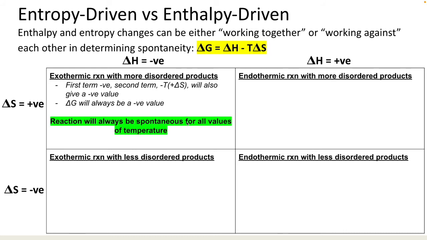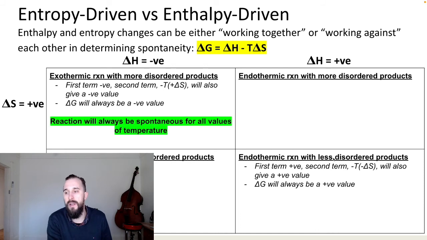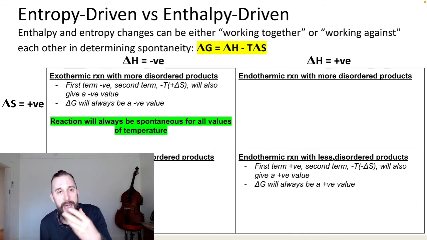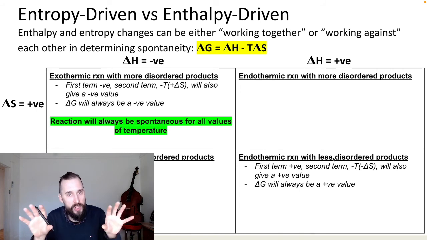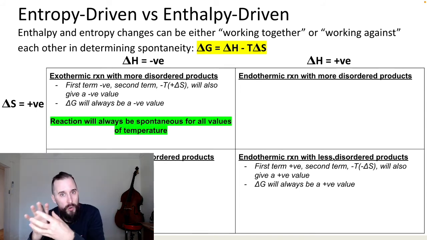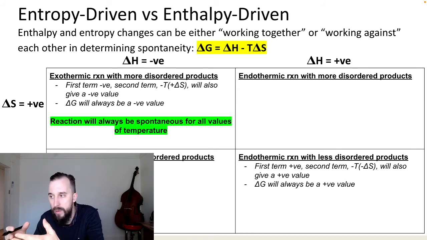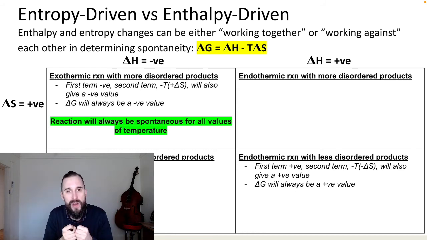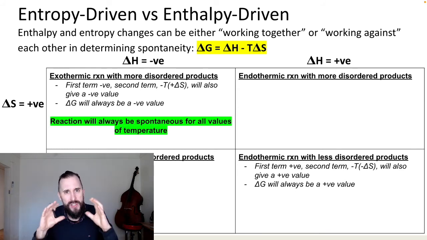Let's consider the complete inverse of that. We have an endothermic reaction, positive delta H, and we're having less disordered products. Thinking about this logically, we're decreasing disorder in our chemical reaction. We're creating more ordered products, which isn't favorable, and we're taking energy from the surroundings, so we're also making the surroundings more ordered. Both of these things are unfavorable.